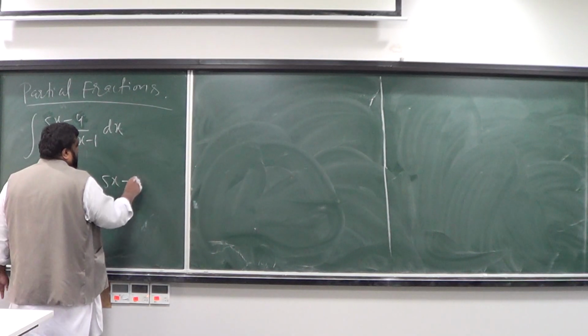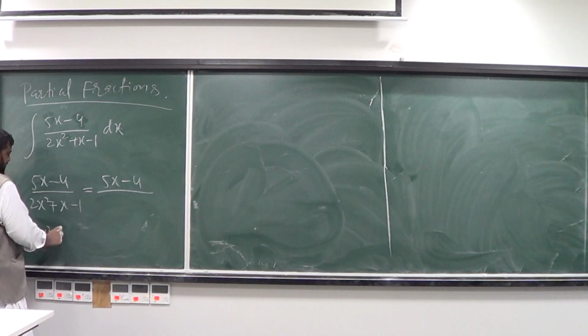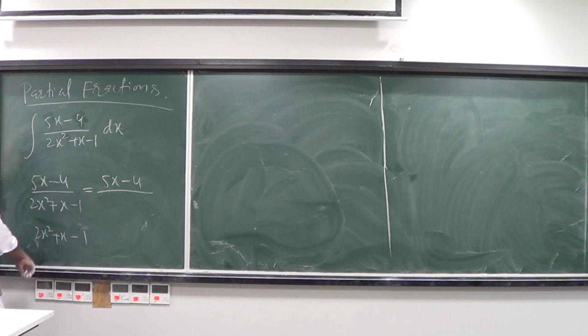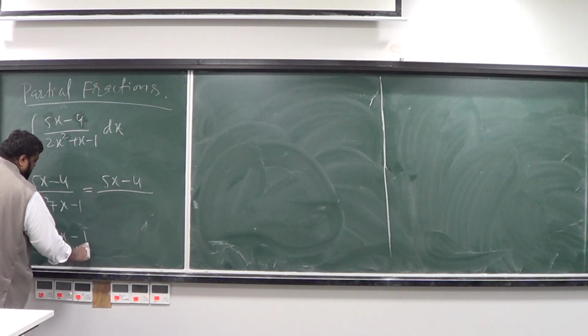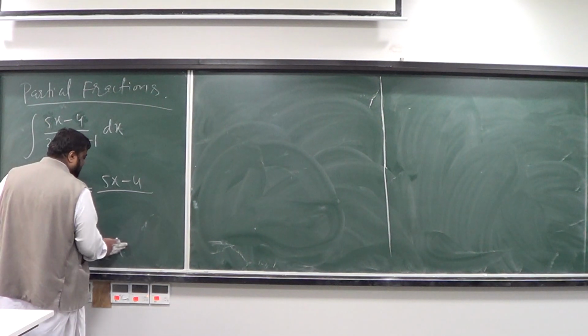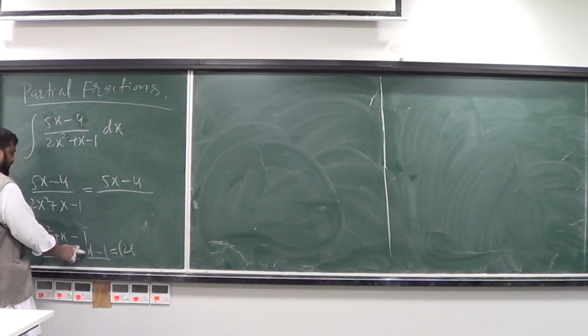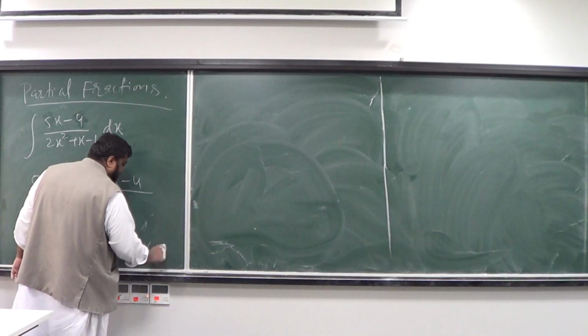So we have 5x minus 4 over 2x squared plus x minus 1. You can rewrite the denominator as 2x squared plus 2x minus x minus 1. I hope you all know how to do such manipulations. When you simplify this, from the first part you get 2x, and from the second you get minus 1, multiplied by x plus 1.